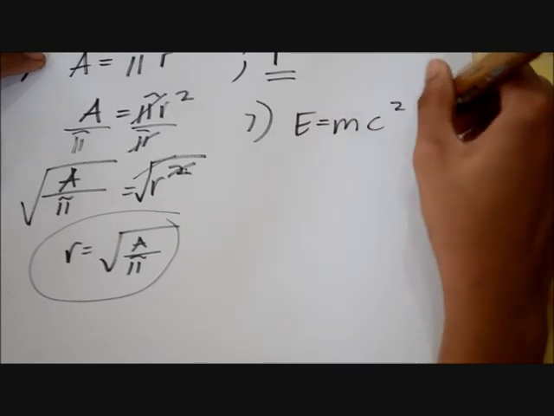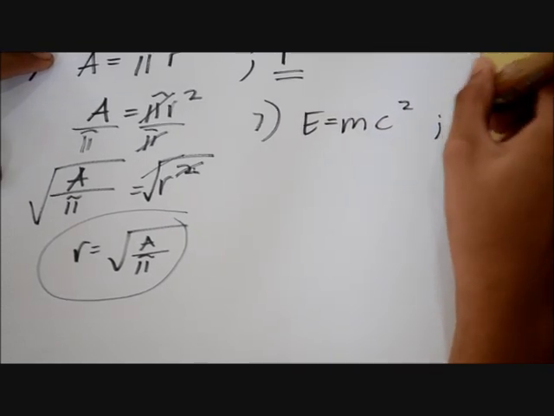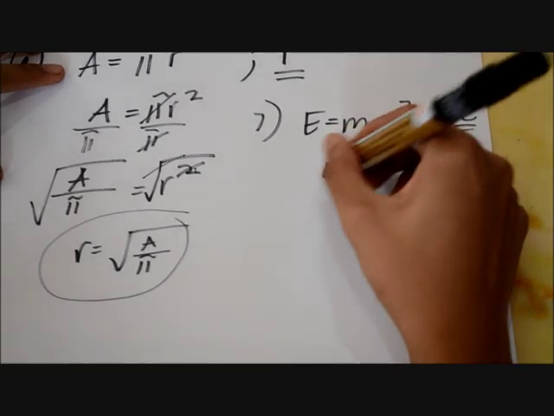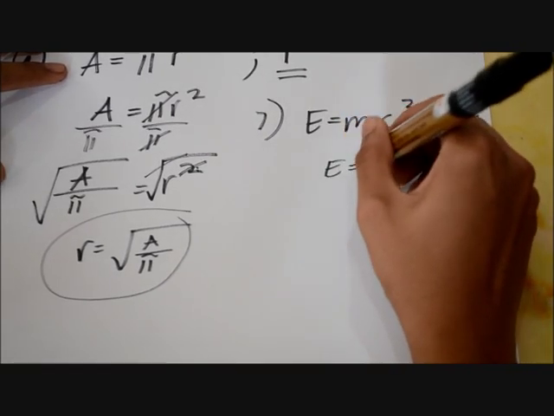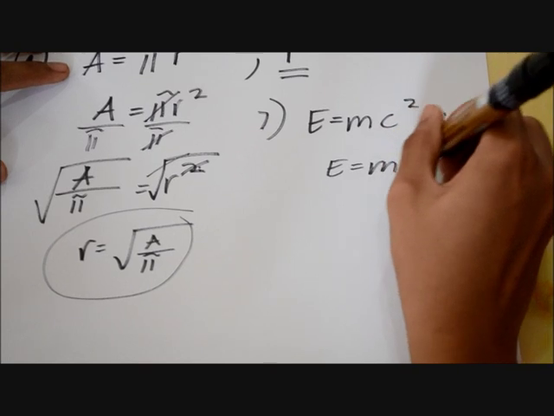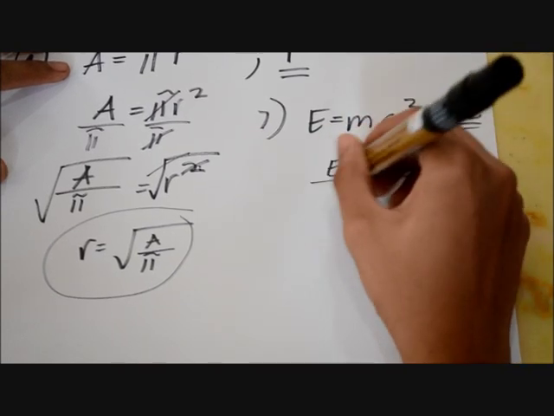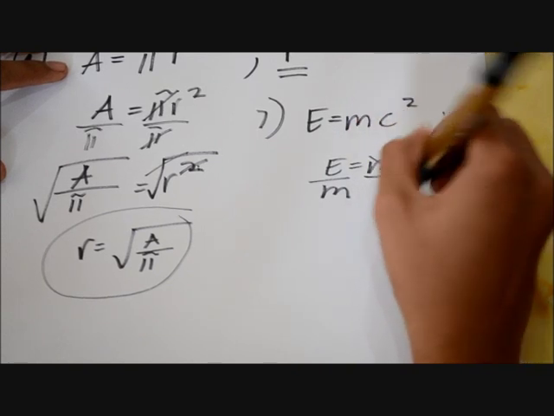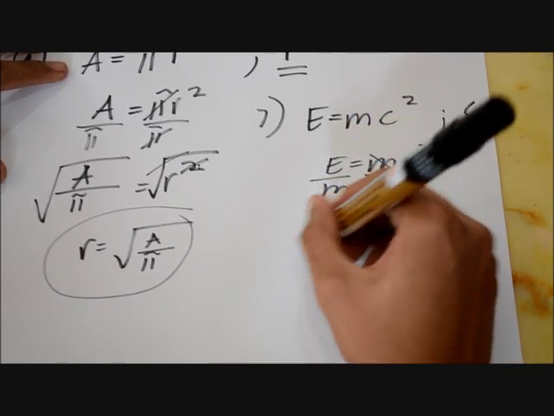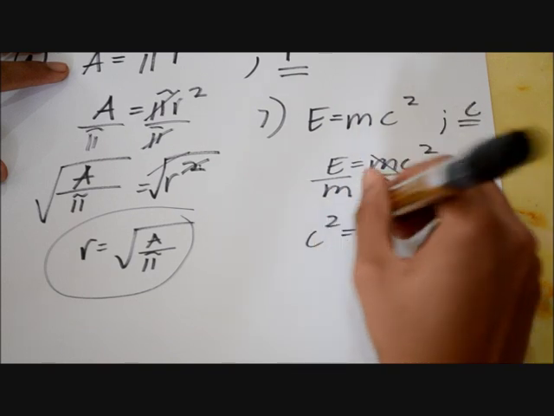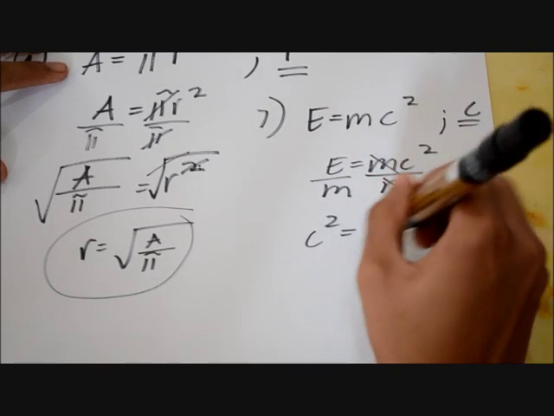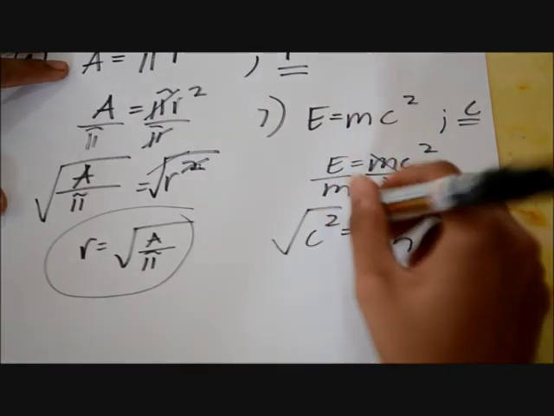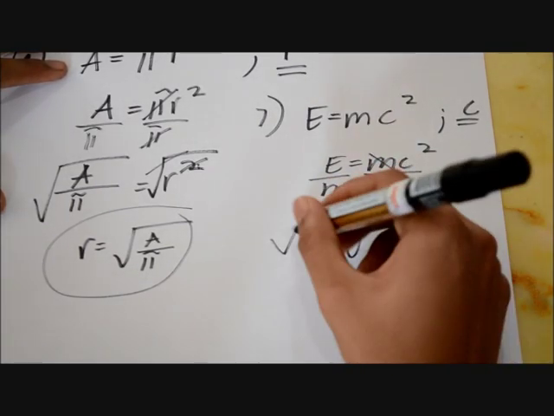So the first step is to divide both sides by m, or do the cross product method, leaving c squared at one side of the equation, equal to e over m. Next, we're going to extract the root. So c is equal to the square root of e divided by m.